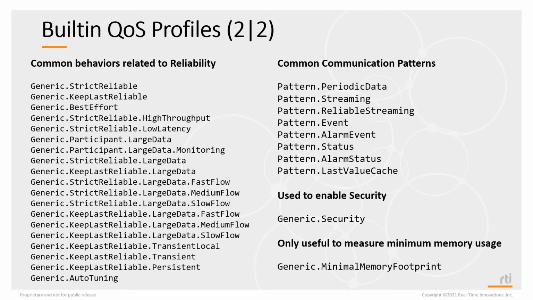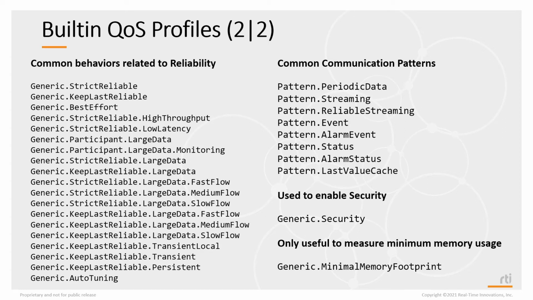Finally, the last thing in this category is minimum memory footprint. This is not a QoS profile that we suggest that you ever use in a deployed system, but if you are trying to get an understanding of the minimum memory requirement of Connext DDS under a certain configuration, a certain usage that is, then you can start by deriving your participant's QoS profile from the generic minimum memory footprint QoS profile.